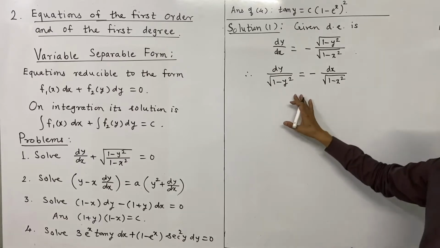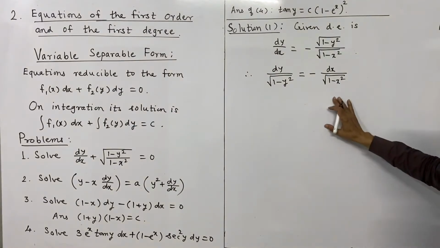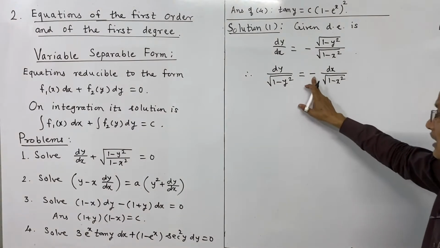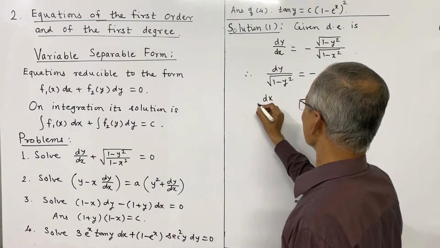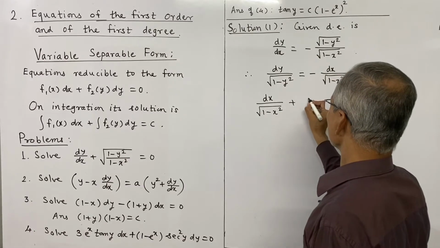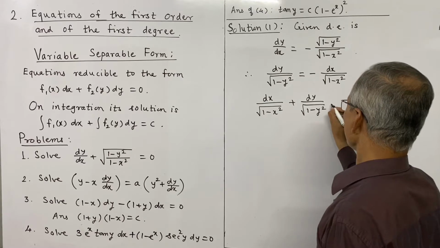It is a simple algebraic operation. Now this term can be written on the left side, and the sign becomes positive. So it will be dx divided by under root of 1 minus x square plus dy divided by under root of 1 minus y square is equal to 0.